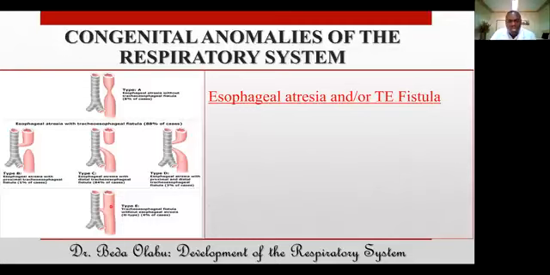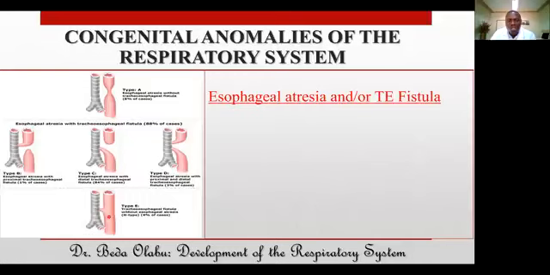Unlike the last one where the tubular lumen is continuous. So let's ignore this one for a moment. So the first one, second, third, and fourth all have esophageal atresia. But the second, the third, and the fourth also have abnormal communication between the trachea and the esophagus. And those are the ones we are calling tracheoesophageal fistula.